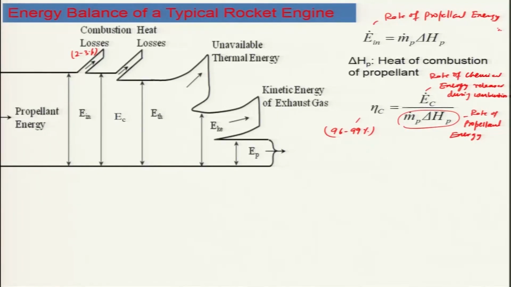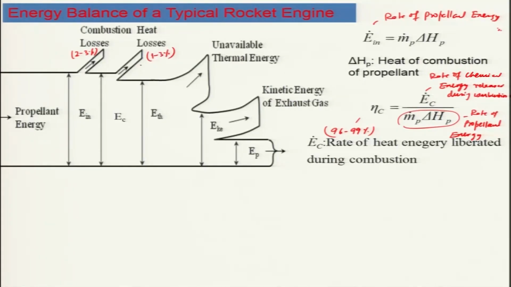Besides this, there will be heat losses in the combustion chamber and in the nozzle. These losses will be something like 1 to 3%, due to heat being lost to the outside and other places.